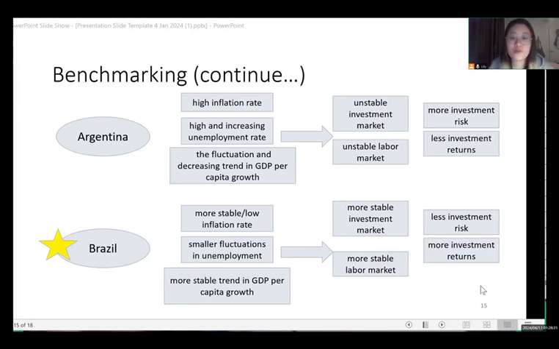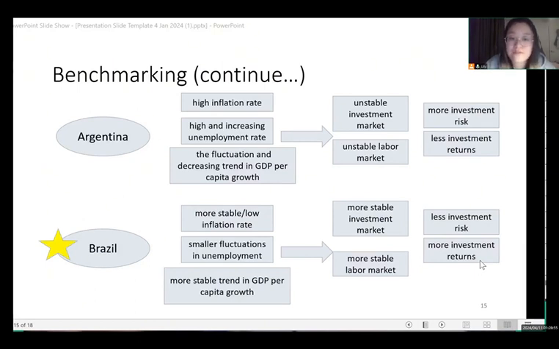Firstly, Brazil showed more stable GDP per capita growth rates and inflation rates compared to Argentina. Brazil's stable inflation rates demonstrate a more stable market for investment and can reduce investment risks and increase investment returns. Secondly, Brazil's unemployment trend is relatively steadier compared to Argentina.